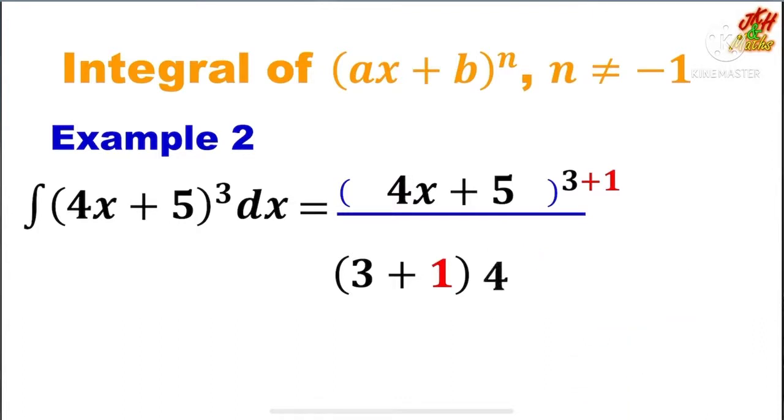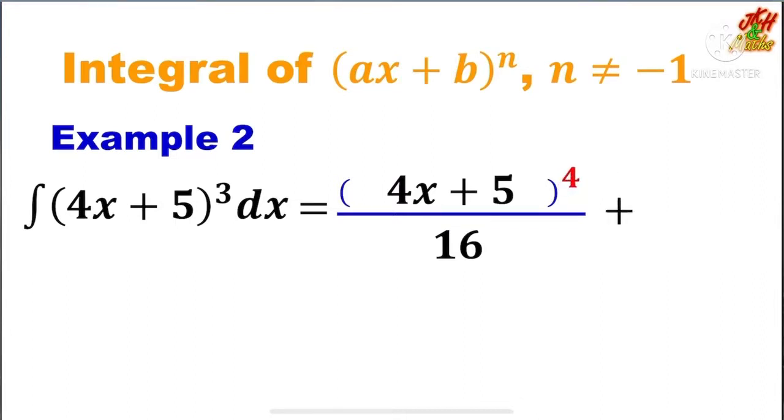Then we multiply it with 3 plus 1, so in the bracket 3 plus 1 is equal to 4, multiply with 4, so it is equal to 16. We simplify the power, 3 plus 1 becomes 4, then we put plus c.